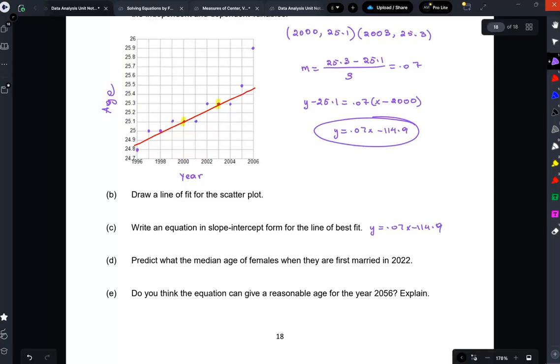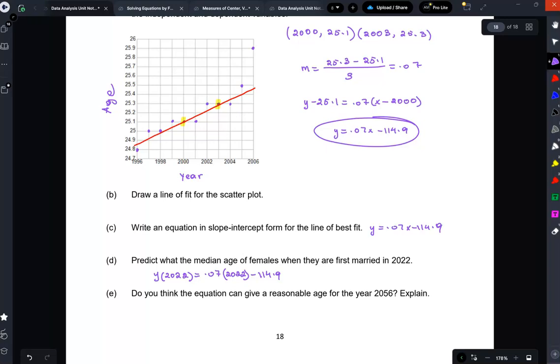Predict the median age of females when they are first married in 2022. So now we're going to do y of 2022. And then you guys know how to plug that in.